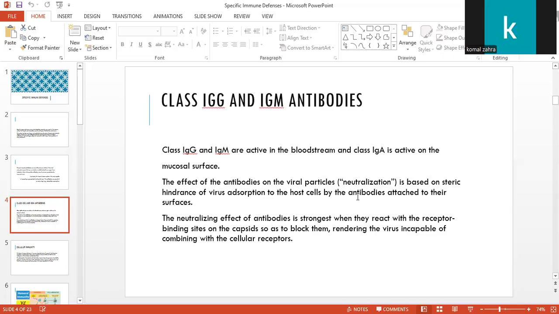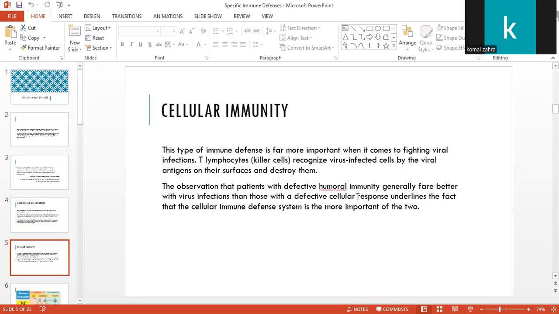The antibodies have the greatest and strongest effect as a neutralizing effect because they stop the binding of virus proteins to the receptor binding sites, and they block them and make the virus incapable of combining with the cellular receptor. So in this way they stop the viral infections.